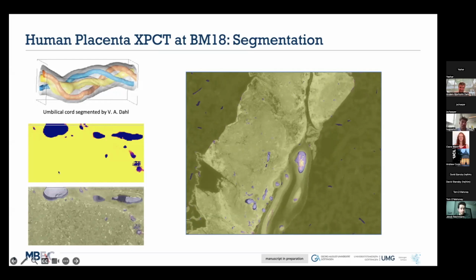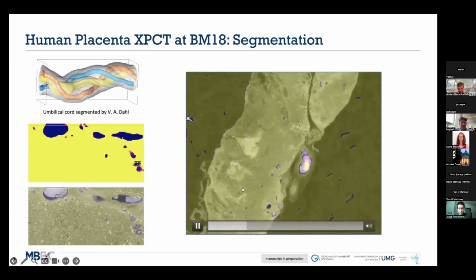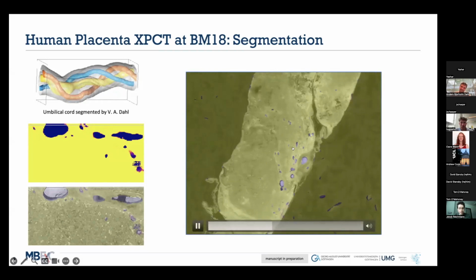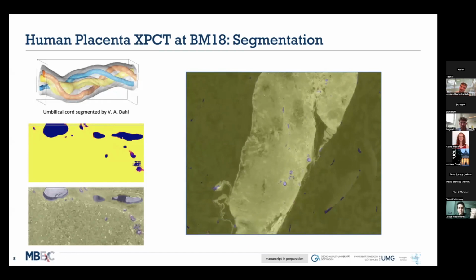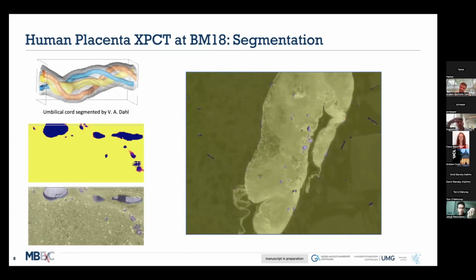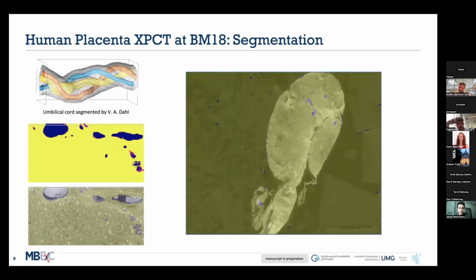And we can see here that from this UNet segmentation, I'm not sure how the frame rate is working with the video, but the major structures are clearly segmented, but we also have a lot of false positives. And this is really the large issue we have here, and which was the bottleneck we had.